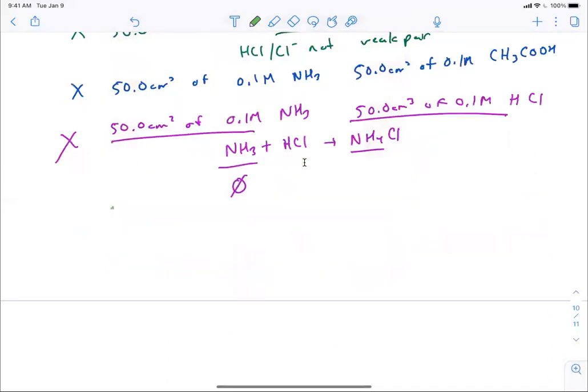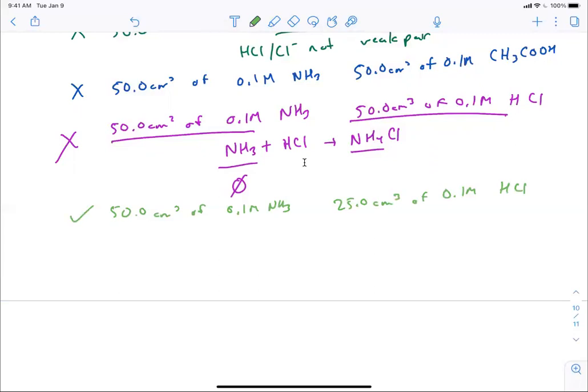So what do I have to do? I have to make sure that I have less acid than base, so that some of it can be neutralized, but then I still have some NH3 left over so that it can react.